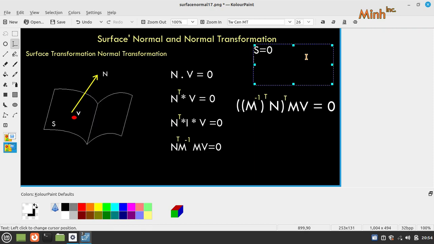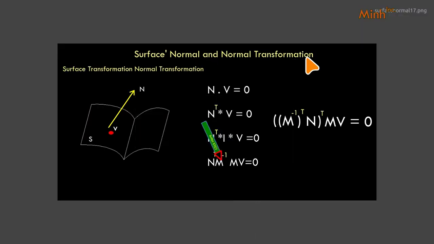Then any point on S, so S into V equal to 0, should satisfy this equation. If this is a new, transformed vertex position, then it lies on the plane n transpose and M minus 1.